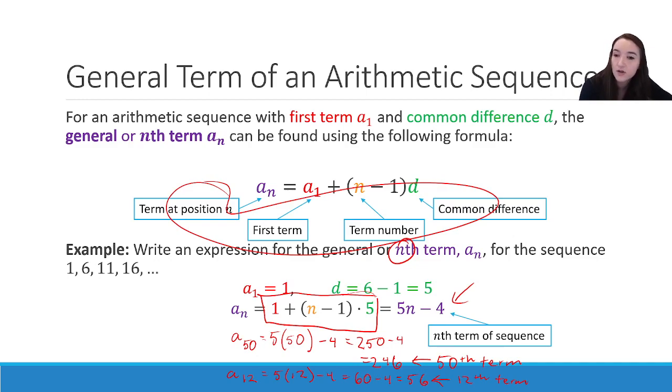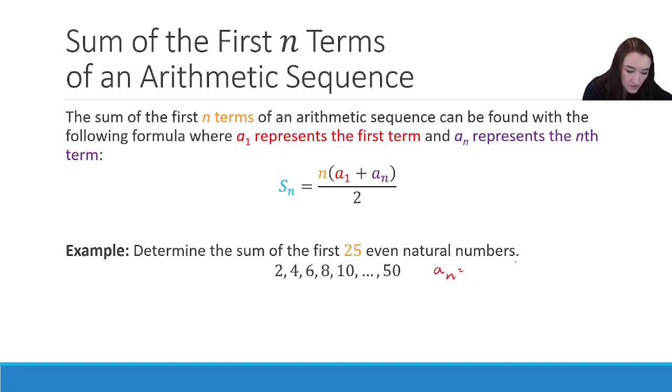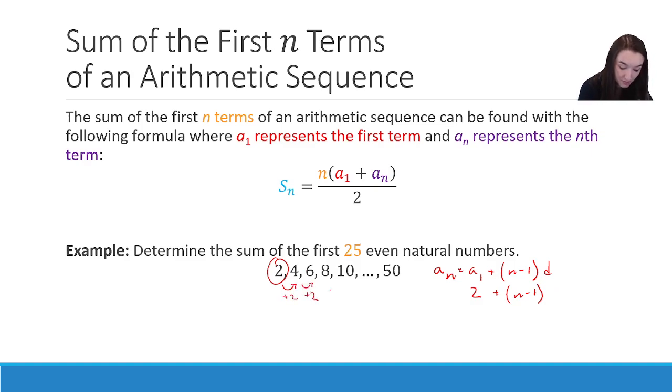AN equals A1 plus N minus 1 times D. So A1 is 2. So 2 plus N minus 1 times our D, the common difference. The common difference for even numbers is going to be plus 2. So times 2. This means AN equals that.